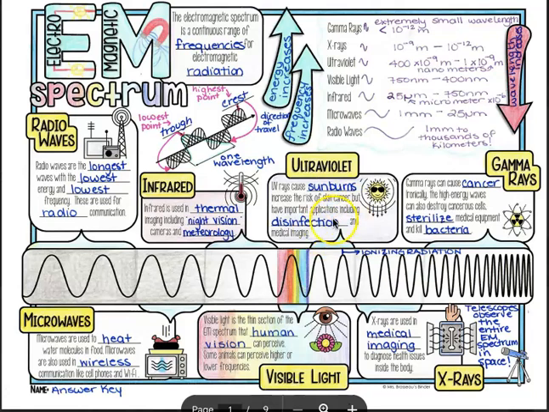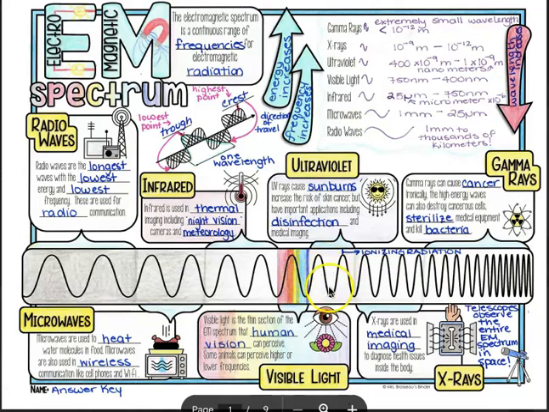Next is the ultraviolet. Again, now we're getting into the higher energy wavelengths. The wavelength has gotten smaller, the energy has gone up. Our sun puts out all of these wavelengths. It puts out visible light, which we can obviously see.